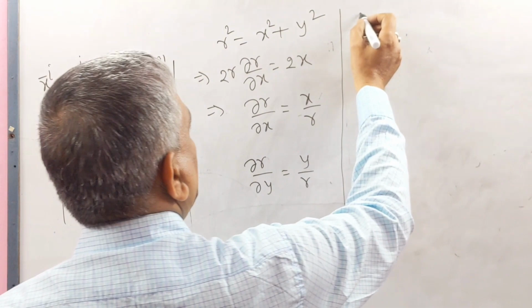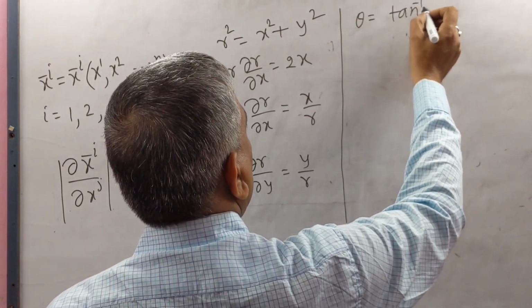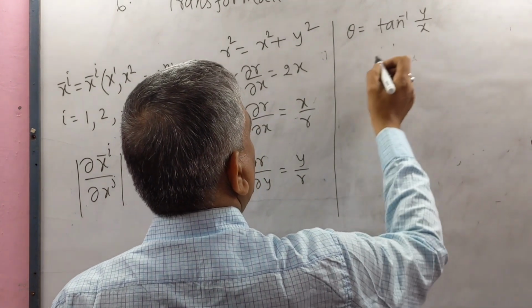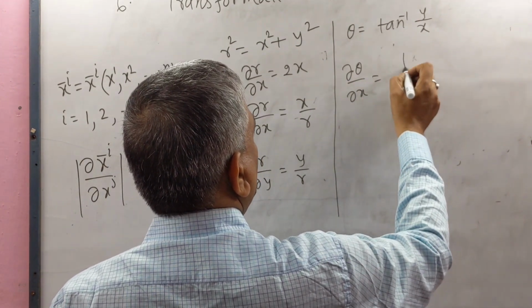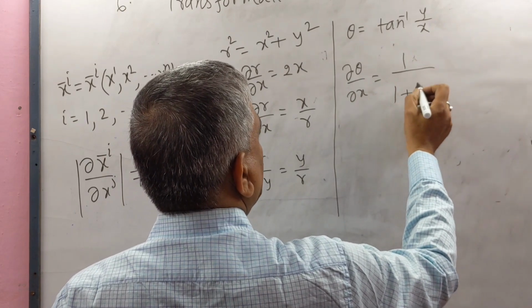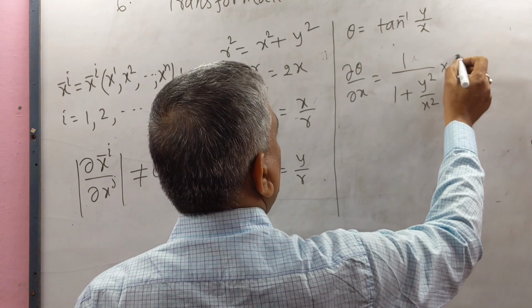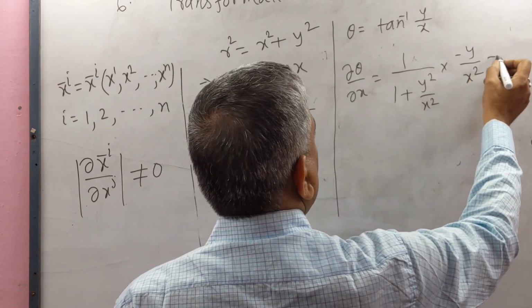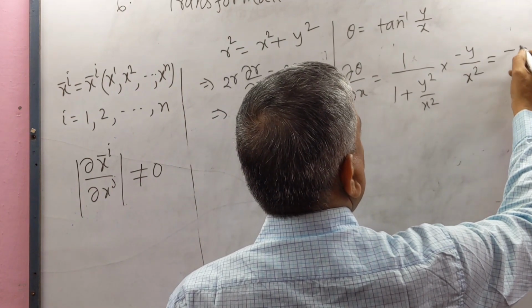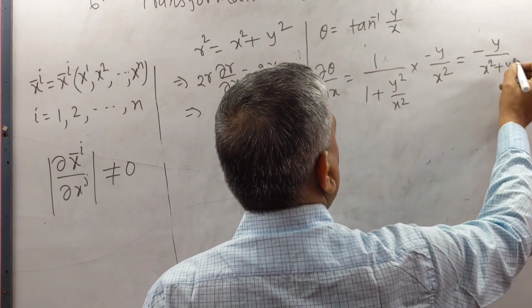Again, theta equals tan inverse y by x. Del theta by del x equals 1 by 1 plus y square by x square into minus y by x square. This is equal to minus y by x square plus y square.